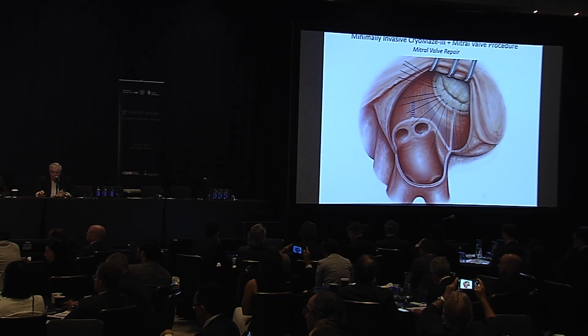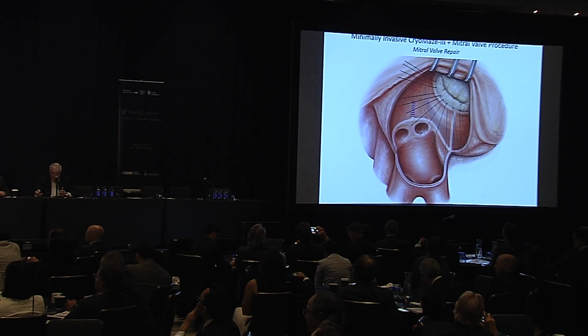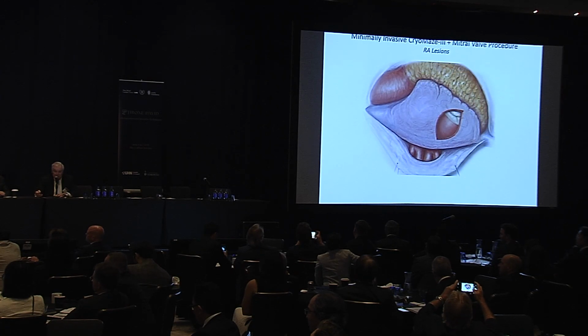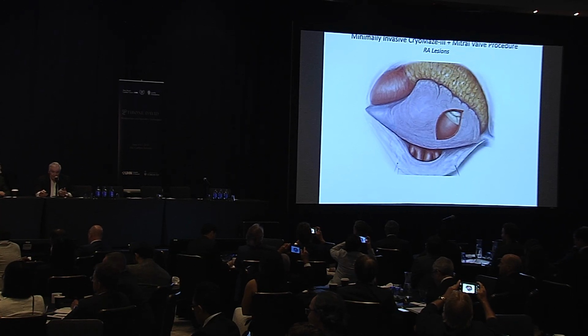That's the point, once you finish the left atrial lesions, at which you put the mitral valve in or repair the mitral valve or do whatever you're going to do to the mitral valve after you've done all these lesions. Once you've done the mitral valve, you go to the right side and you make a right lateral atriotomy. You can do this through purse string sutures, but nobody does that much anymore.